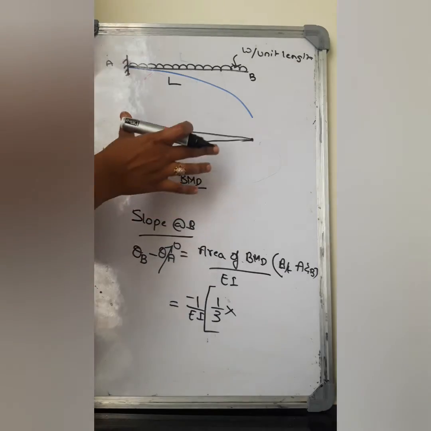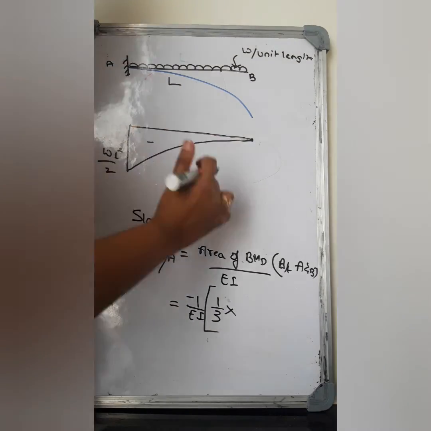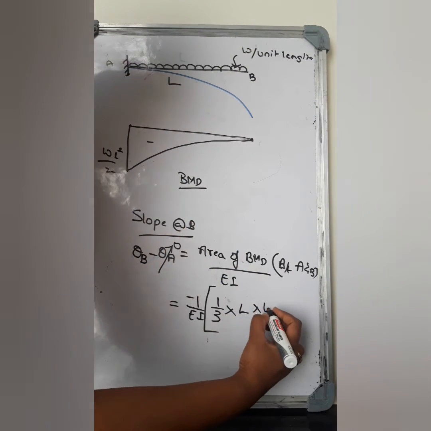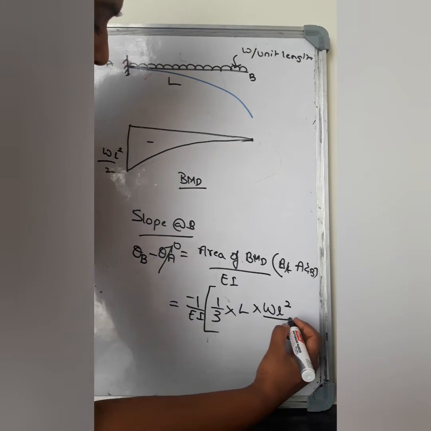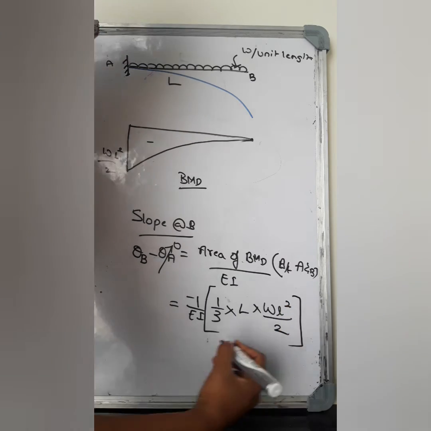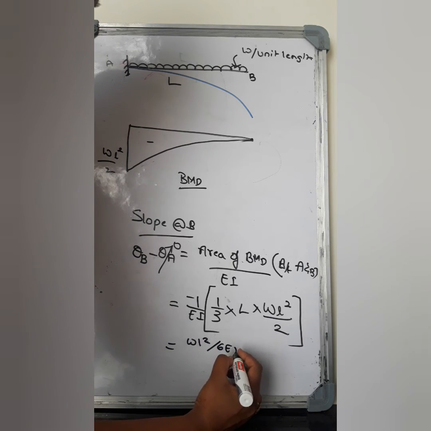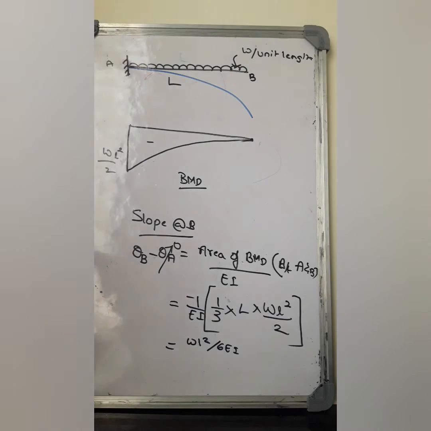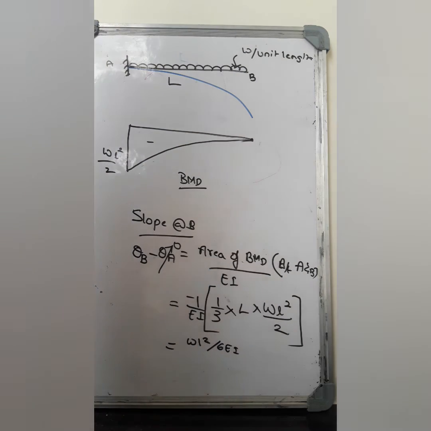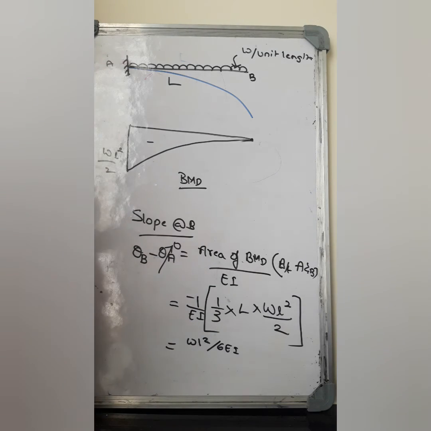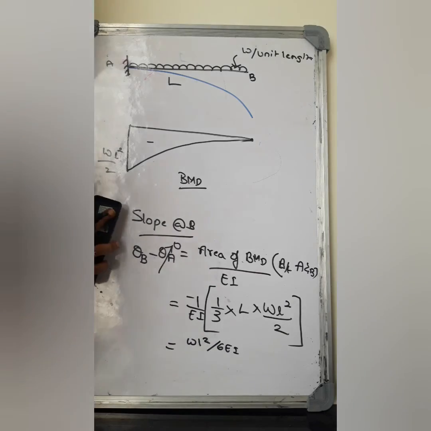The width is L and the height is WL square by 2. If you simplify, you will get WL square by 6 EI. So this is how you calculate the slope here: WL square by 6 EI.